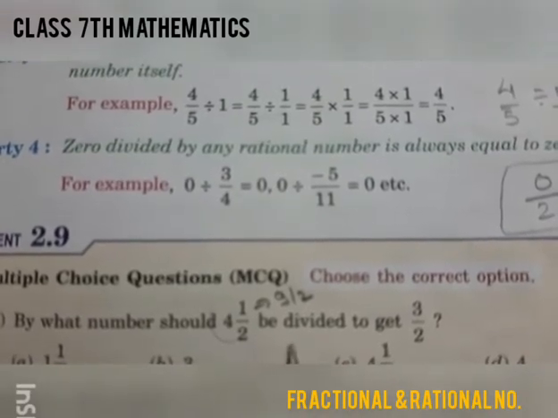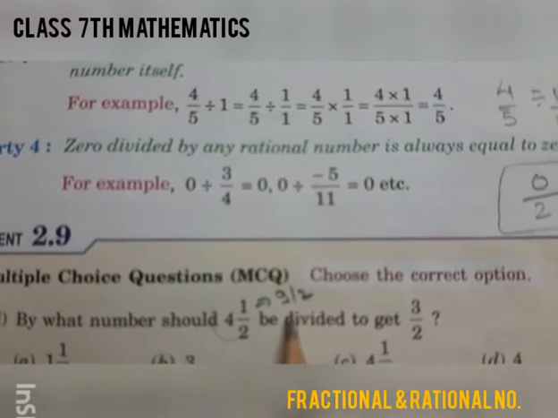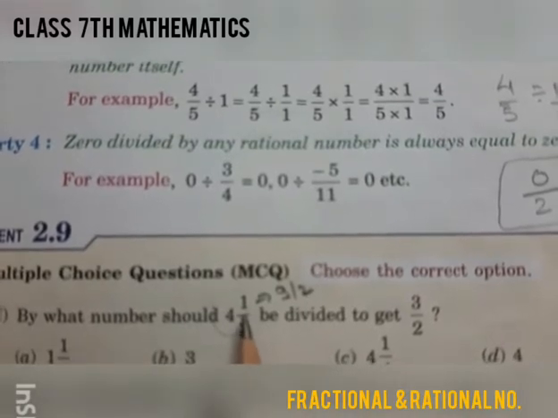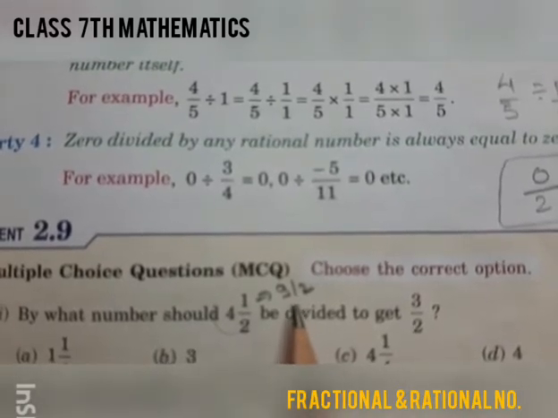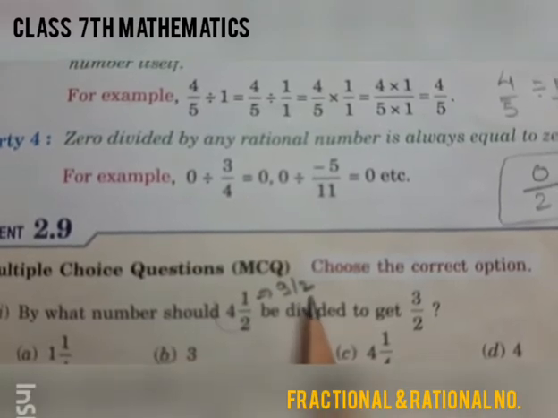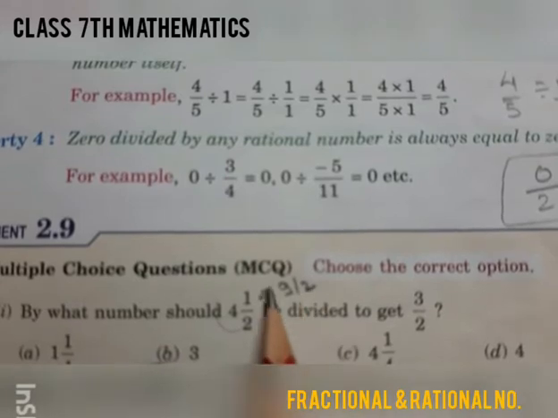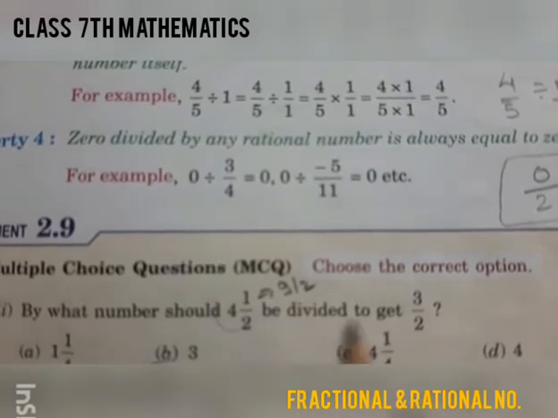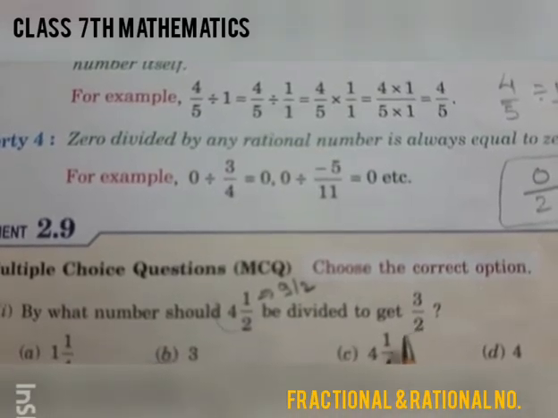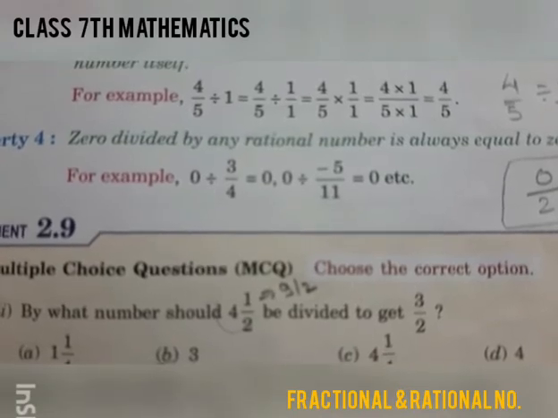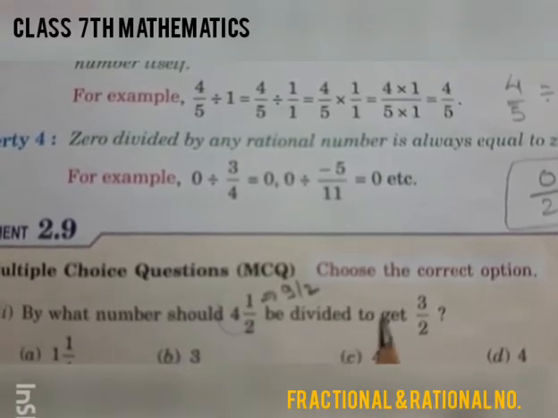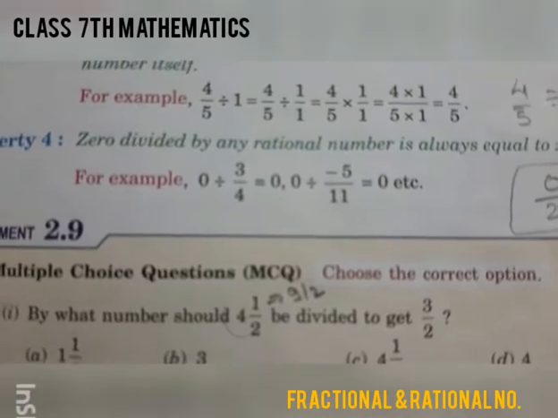Now see class, here we have the first rational number as 9 by 2. Forget the 4 into 1 by 2, we have converted it into a normal fraction. The first rational number is 9 by 2. The question is saying by what number this 9 by 2 should be divided so that the result is 3 by 2. We don't know the second rational number, so let's assume the second rational number as x.